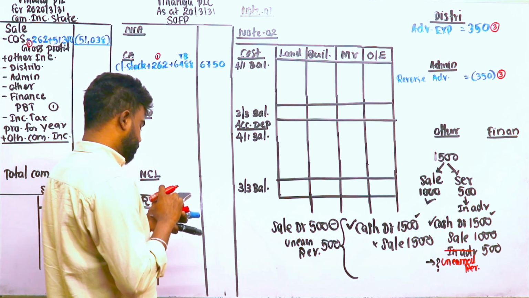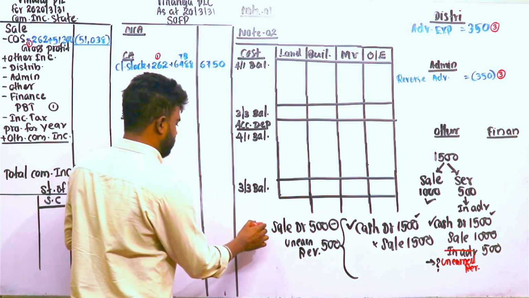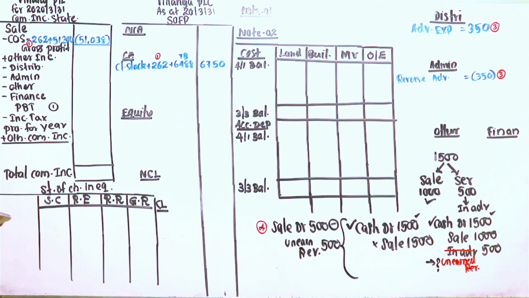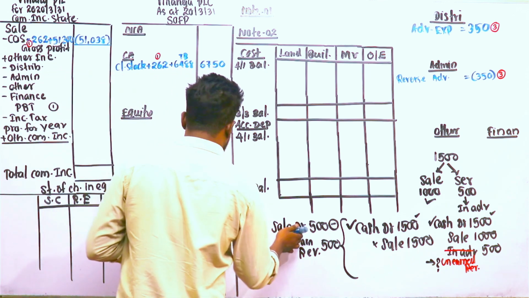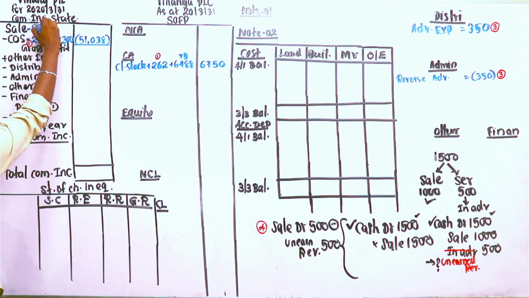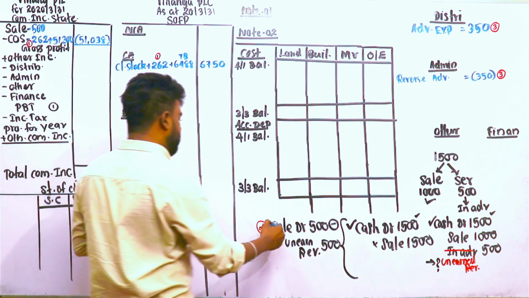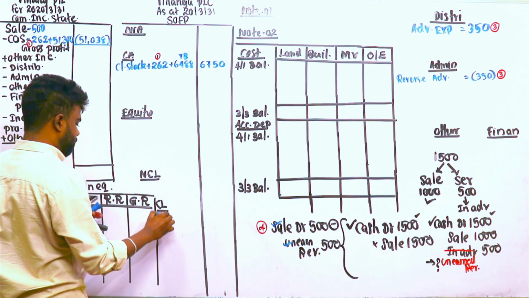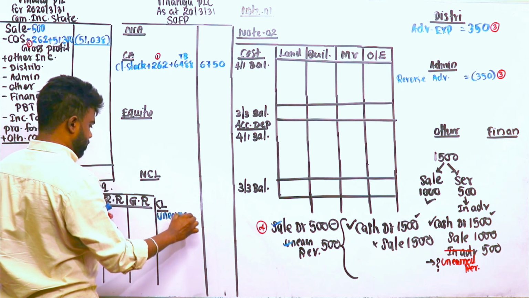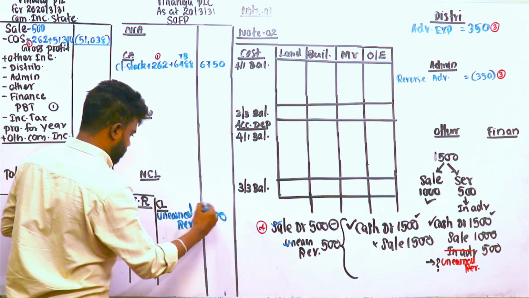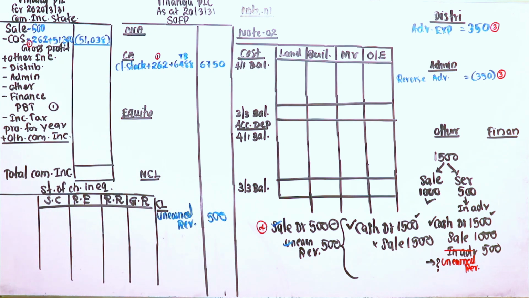That's adjustment 10, right? Sales account debit, minus 500 debit entry. Unearned revenue is recorded under what? Current liability. Right. Clear? So you can adjust sales revenue.